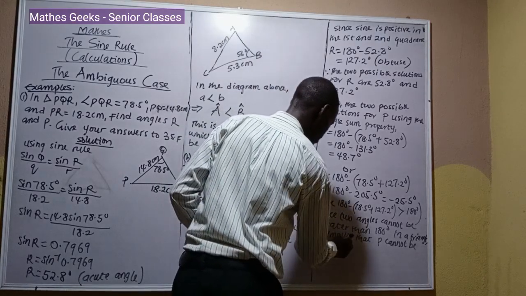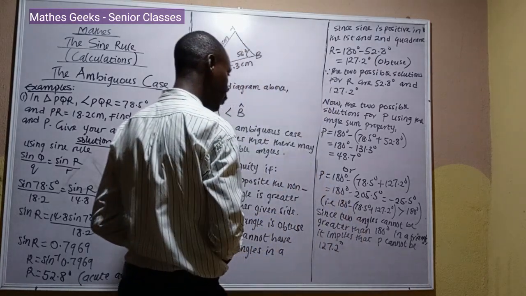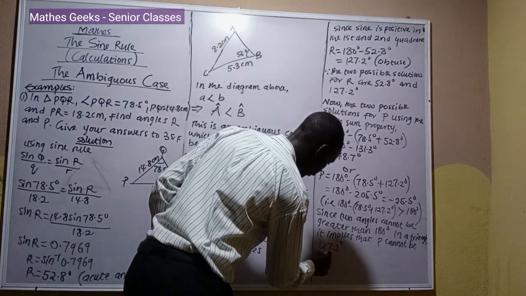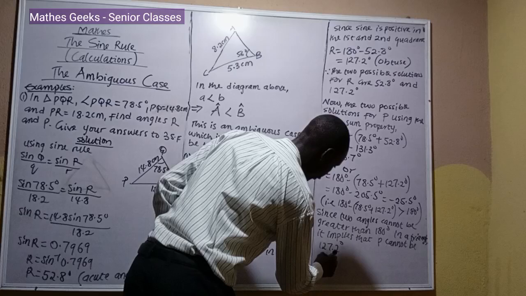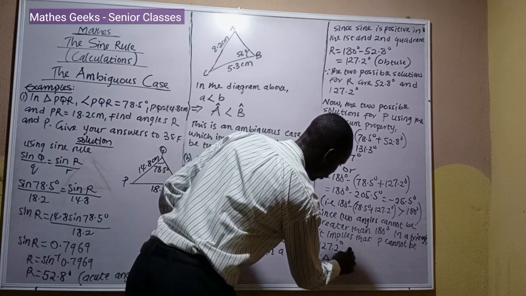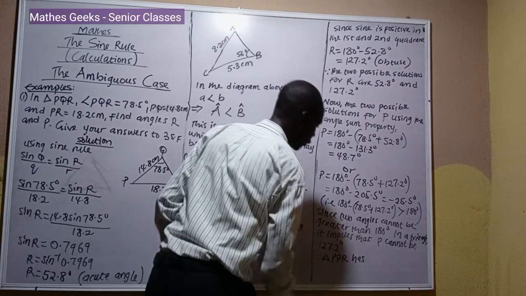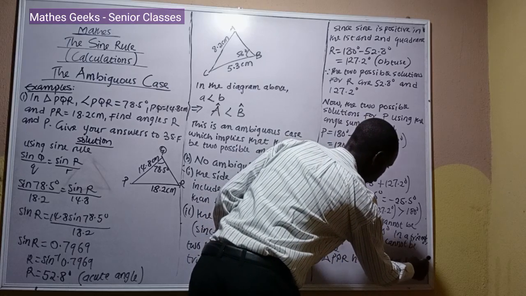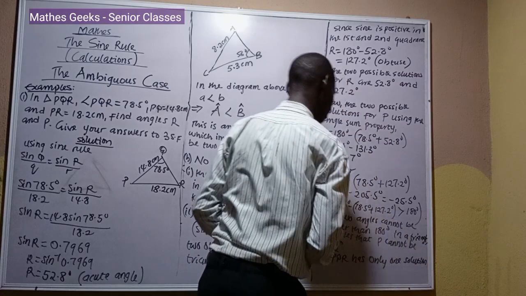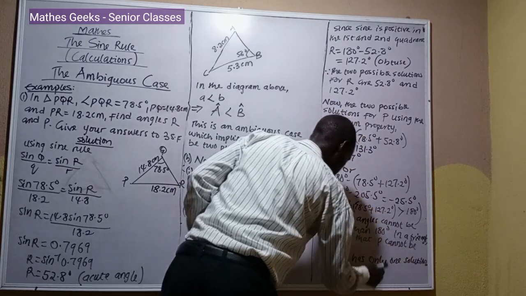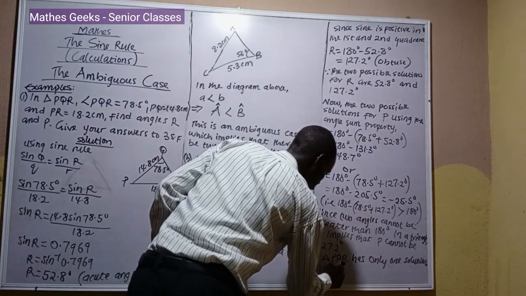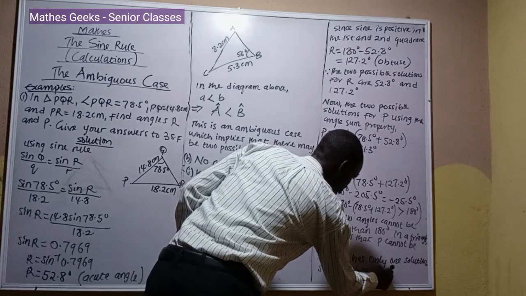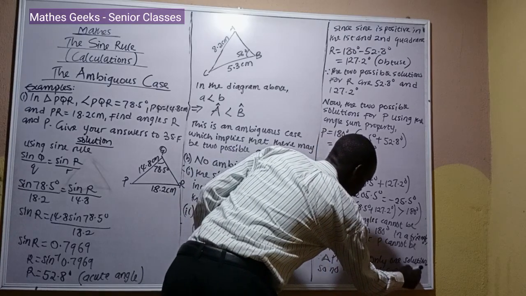And so therefore triangle PQR has only one solution, so no ambiguous case is involved.